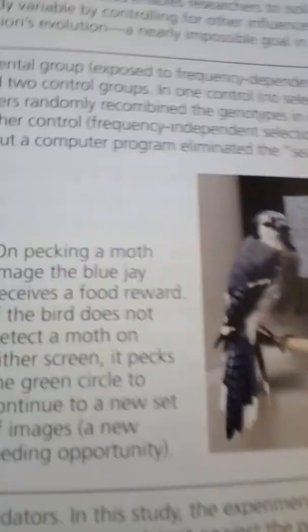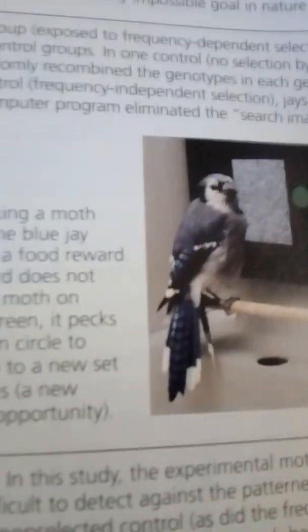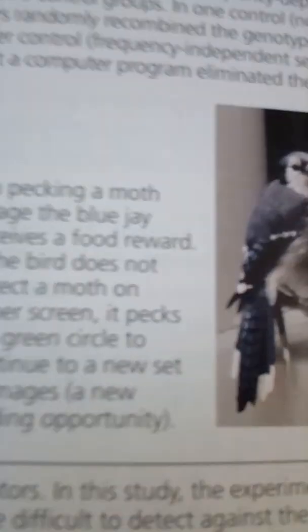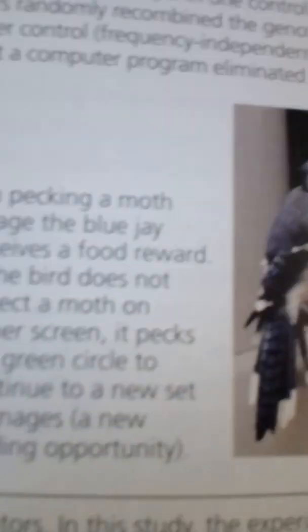Biologists can model the effects of selection over many generations in a compressed period of time. This method also enables researchers to isolate the effect of the study variable by controlling for other influences on the population's evolution, a nearly impossible goal in nature.